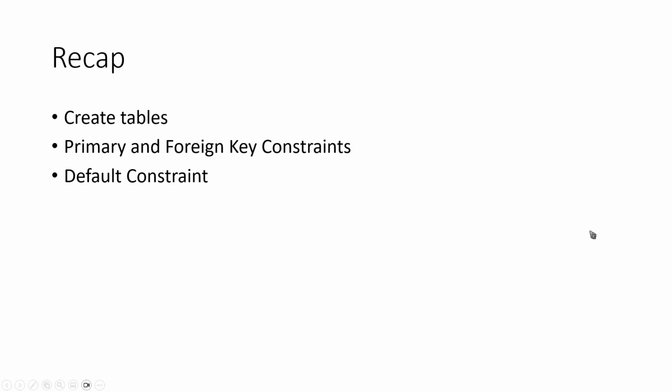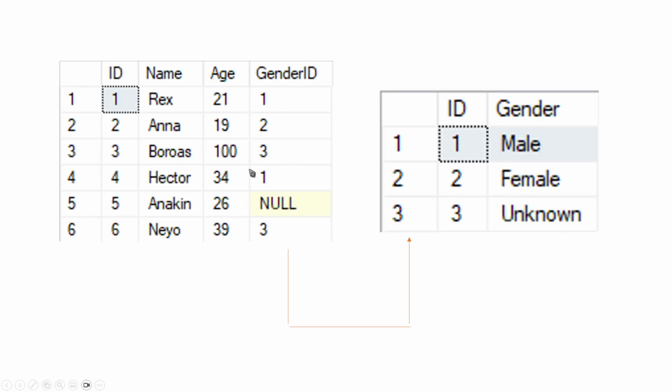So we've created two tables so far in our previous videos. One to store characters and the other to store gender for the characters for this big game we're supposed to be making. Now as you can see, we've linked the tables by using the primary key of the ID column of the gender table as a foreign key in the character table.